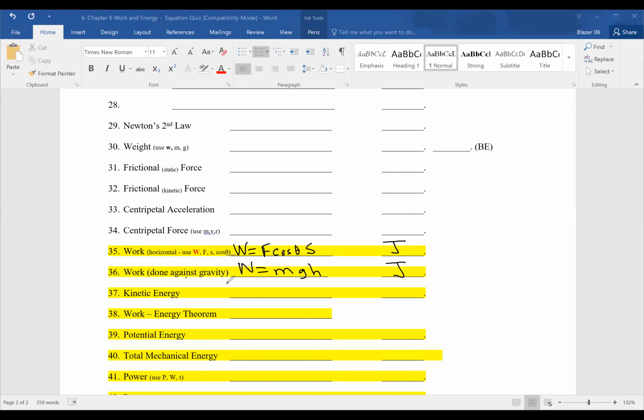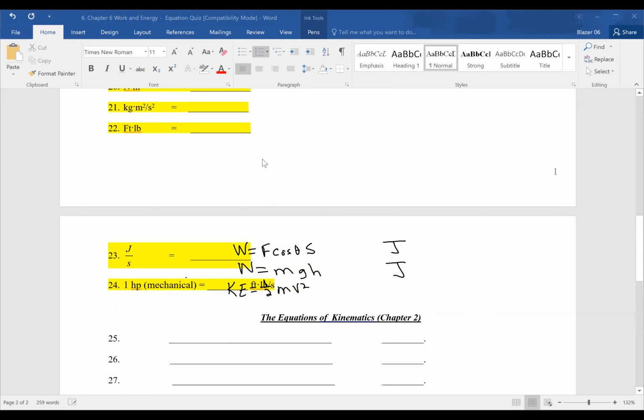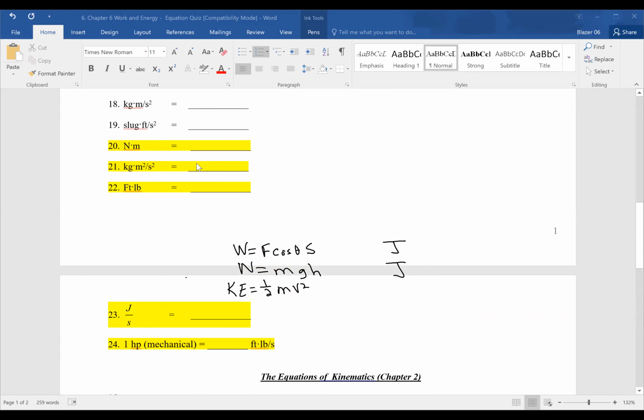We said kinetic energy is 1/2 mv squared. And what do you think the unit is here for kinetic energy? Well, actually the unit is also the joule. So let me go up here and show you where I had it, okay?